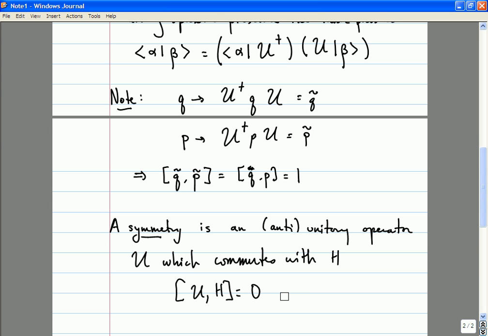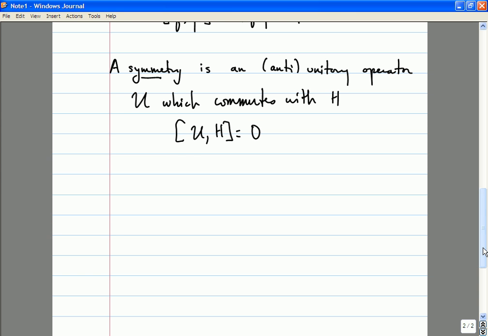So our goal for the next 2 weeks is to understand the implication of this statement that you have a unitary operator that commutes with the Hamiltonian for both the Hilbert space structure and the dynamics of various different quantum mechanical systems. We'll start with rather simple symmetries before moving on to a more complicated set of symmetries.